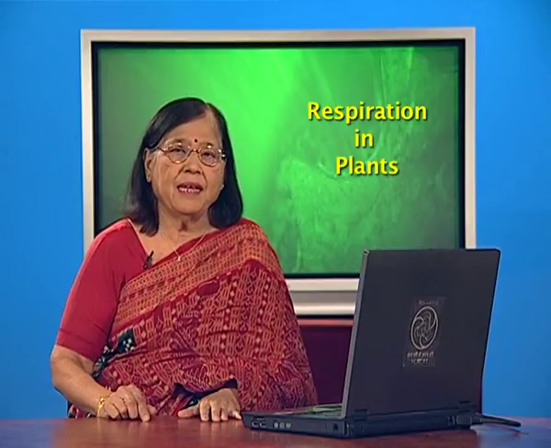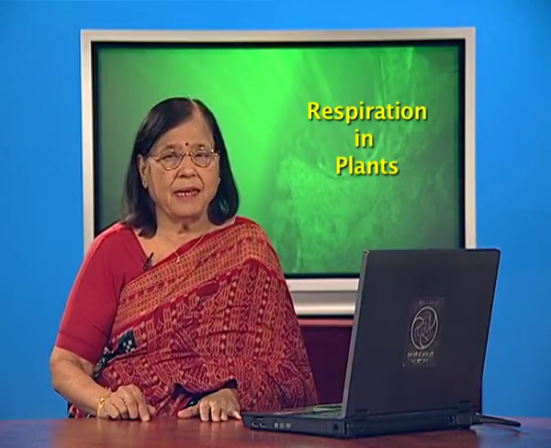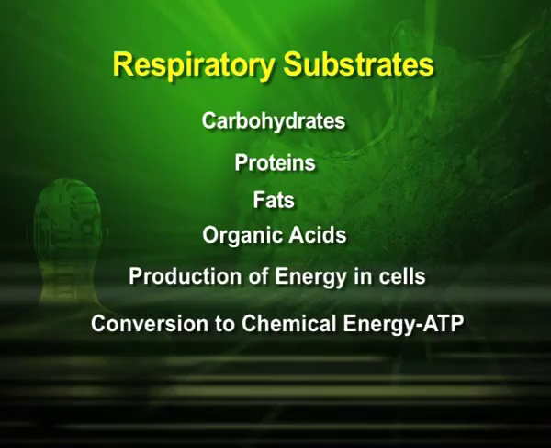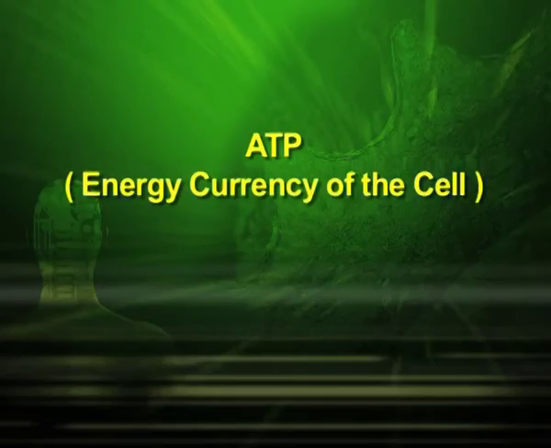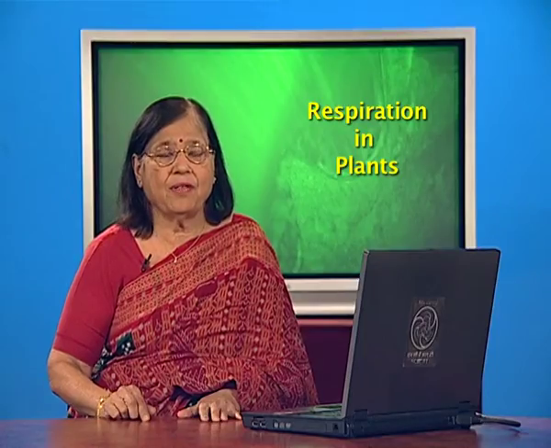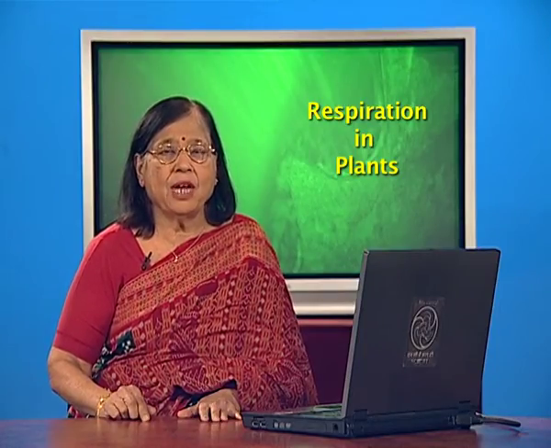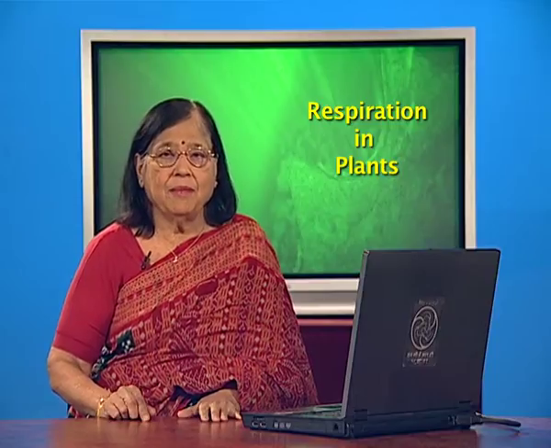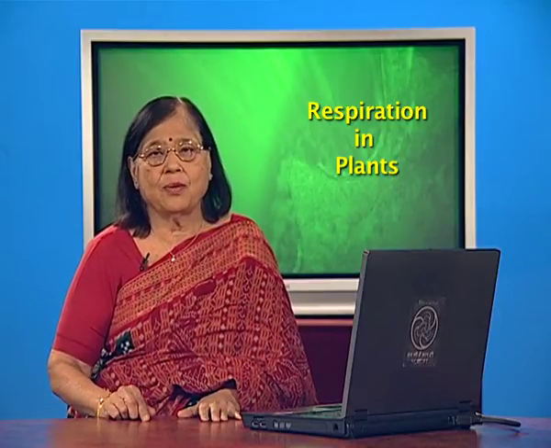Production of energy basically takes place in the cells and it is converted to chemical energy, ATP, which is also known as the energy currency of the cell. You are aware of the fact that we require energy between the meals also.